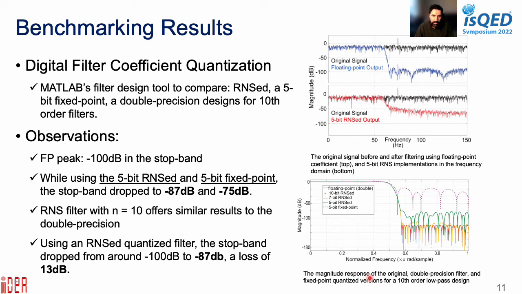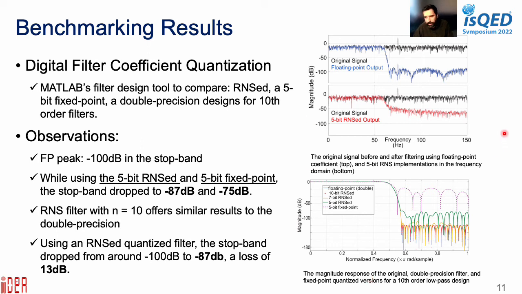Here to evaluate the performance of quantized RNS coefficient, a low-pass digital filter is considered, which is usually leveraged for signal smoothing and noise reduction. We use MATLAB's filter design tool to compare RNS, a 5-bit fixed point, and a double precision design for a 10th order filter, as depicted here.